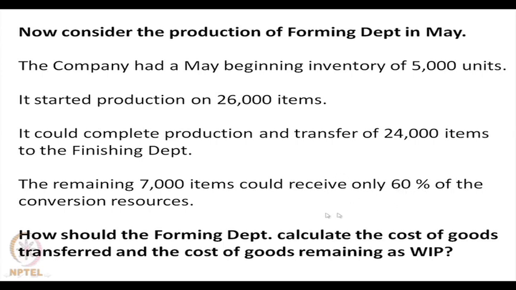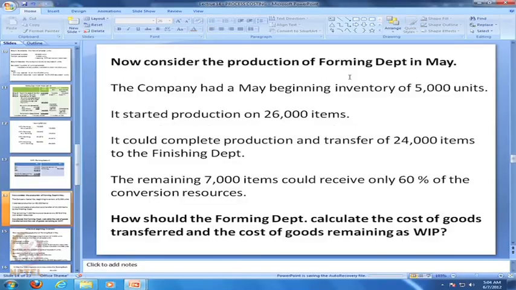Now, the question is, how should the forming department calculate the cost of goods transferred and the cost of goods remaining as work in process? The situation is little different from that in April, in the sense that now there is a beginning inventory or work in process of 5,000 units. So, in fact, I should say this as work in process and not inventory.